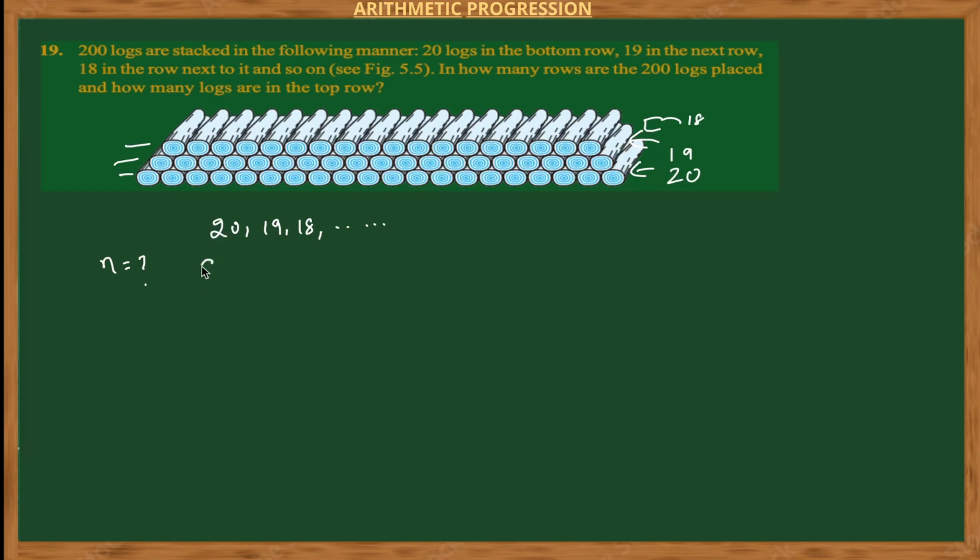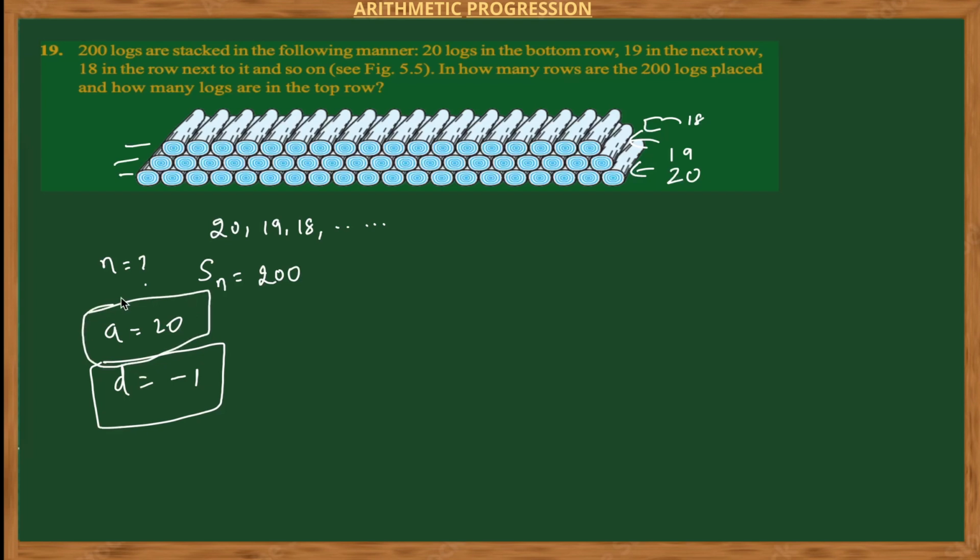Do we have a here? Yes. Do we have d here? Yes, 19 minus 20, which becomes minus 1. So we have a, d and Sn, and n is the thing which we need to find.